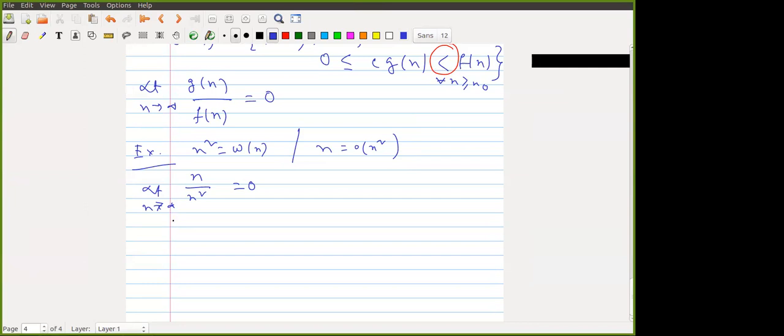I mean some non-polynomial examples of these notations, if you can give. Up till now, if the n term has a higher degree, we are getting these notations. Examples like log x: log n is small o of any power, any exponent of n.